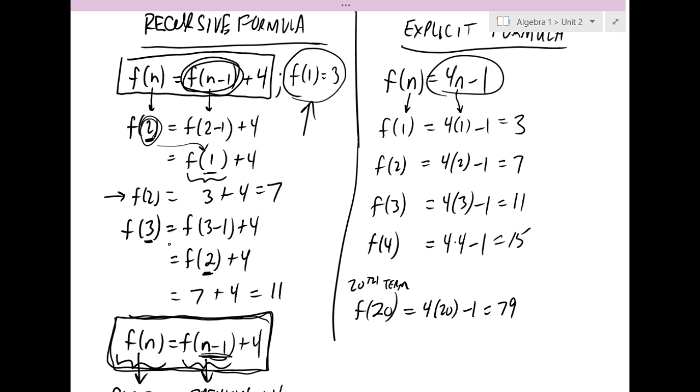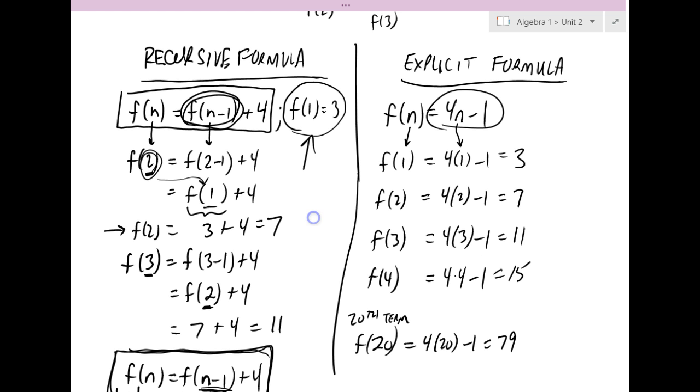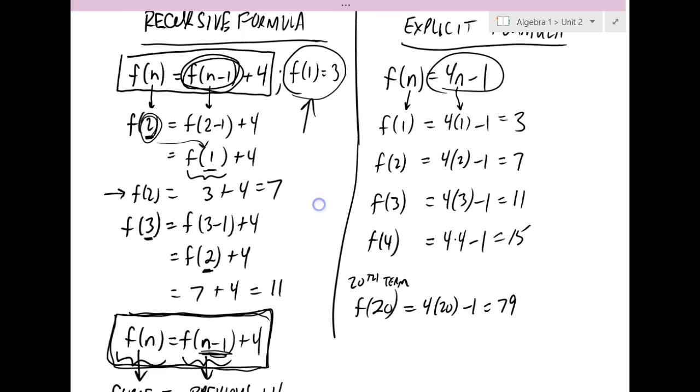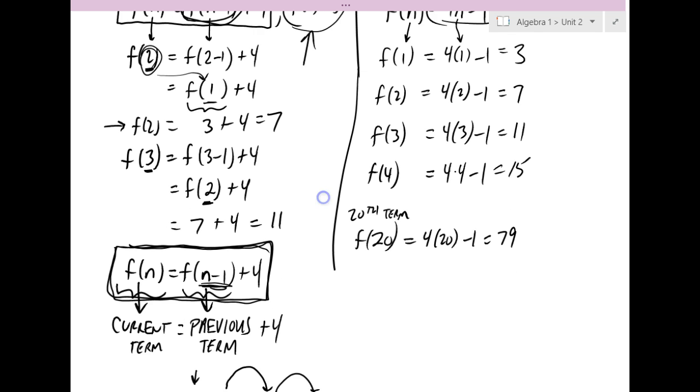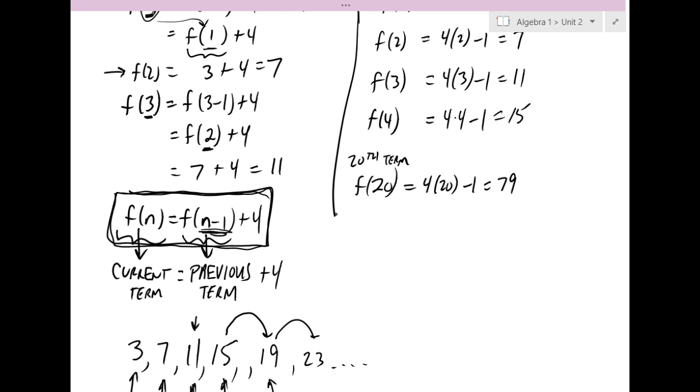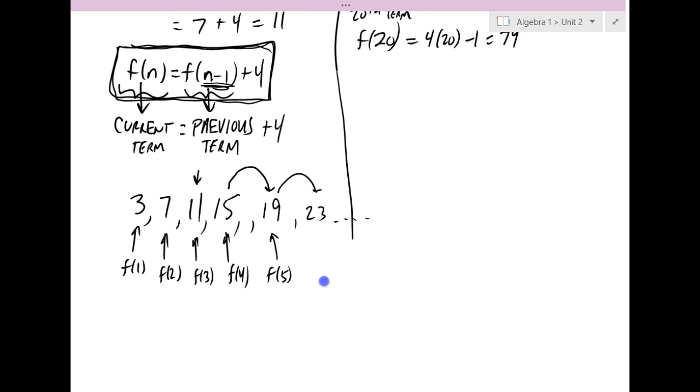An explicit formula is sometimes harder to create, but once you have it, it's very powerful because I can jump to any term number that I want without having to find all the ones that come before it. So you're going to do some problems in this section using both explicit and recursive formulas.